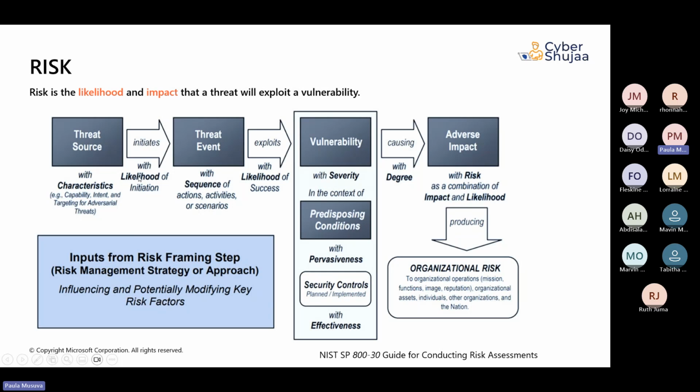Part of your likelihood understanding is also in the context of the adversary, the source of the attack. We need to understand the threat sources, understand what events there are and have a list of them, and then think of that in the context of a particular system and a particular vulnerability we are assessing.